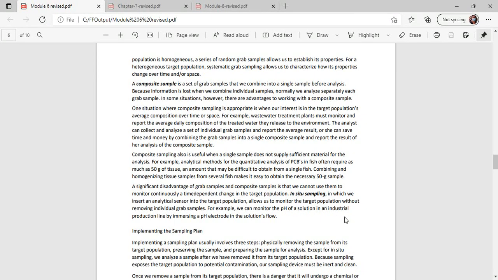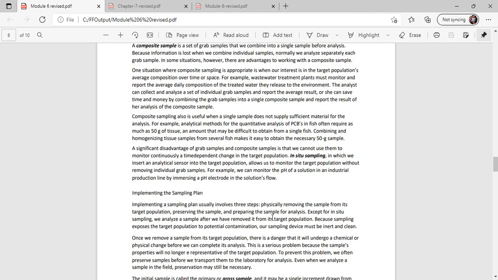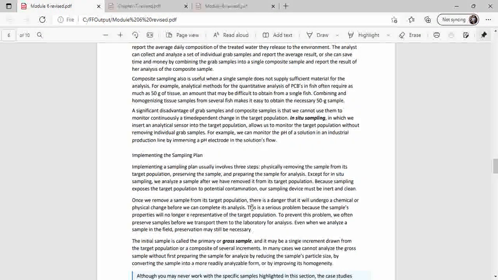For example, we can monitor the pH of a solution in an industrial production line by immersing a pH electrode or pH detector in the solution's flow. Meaning, every time the solution flows by, the pH meter will be triggered and measure the pH level of that solution.